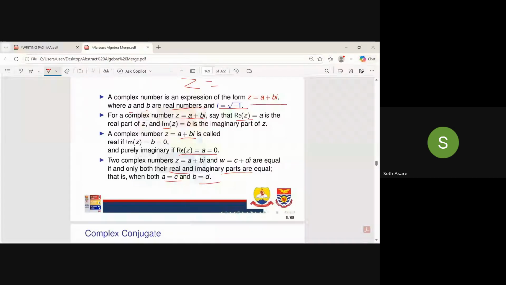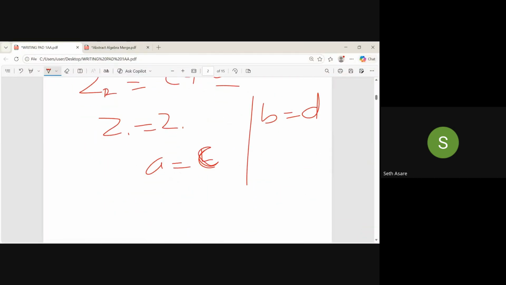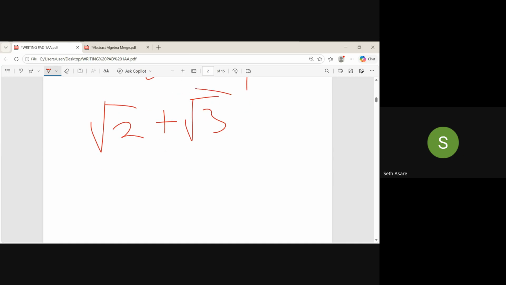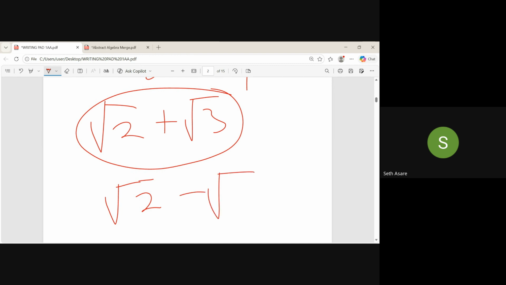Now if I write 2 plus root 3, what is this? Is 1. And 2 minus root 3, what do we call this one? Making reference to difference of two squares, conjugate.